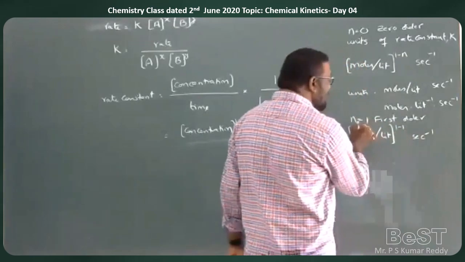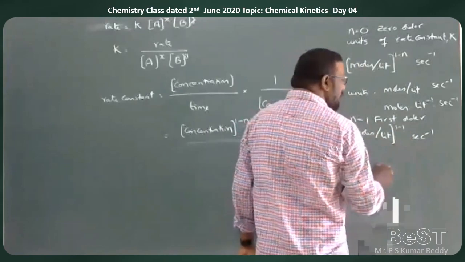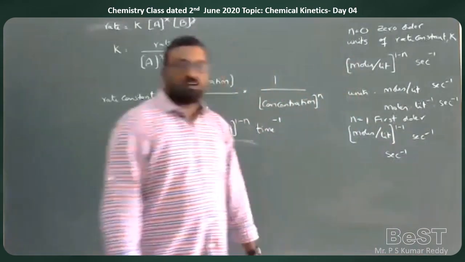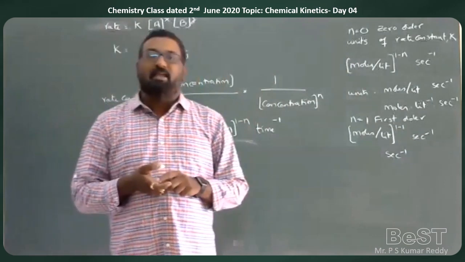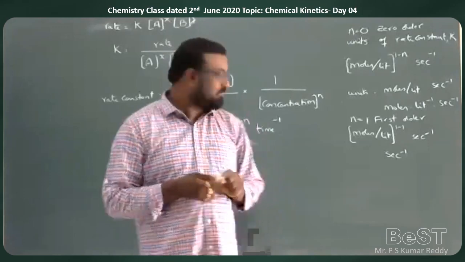Since n is equal to 1, we get 0 here, and anything to the power of 0 is equal to 1. So we are left with seconds inverse. That means for a first order reaction, the units will be seconds inverse, or minutes inverse, or hours inverse.